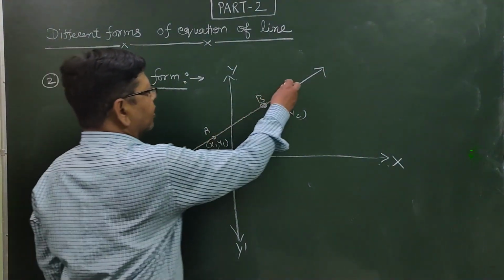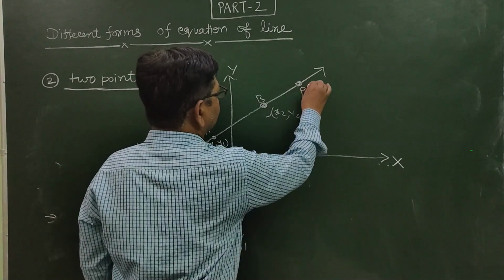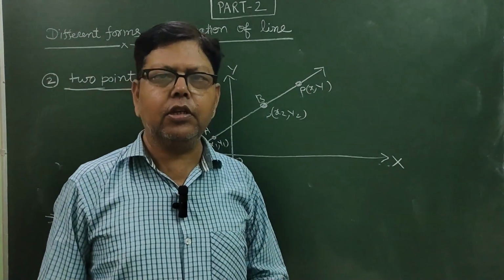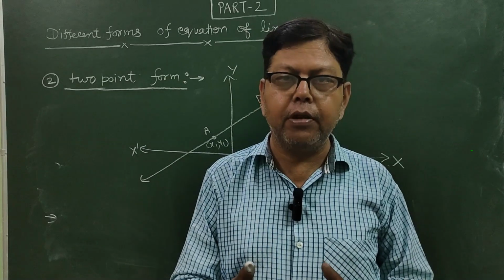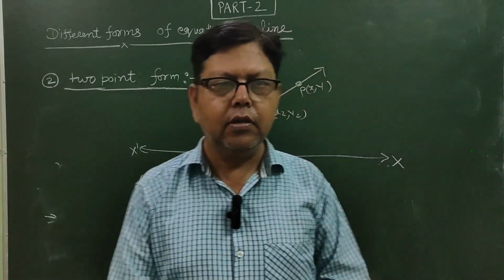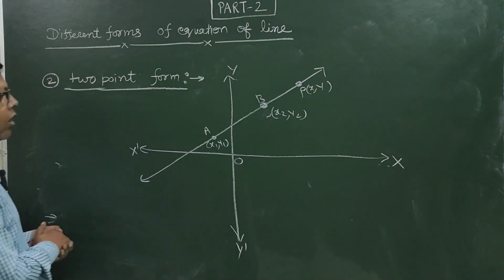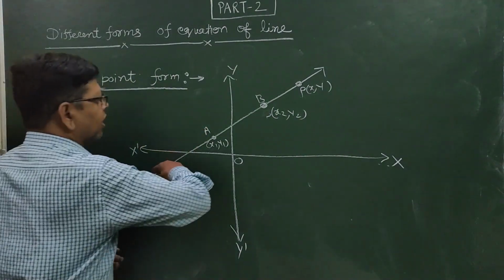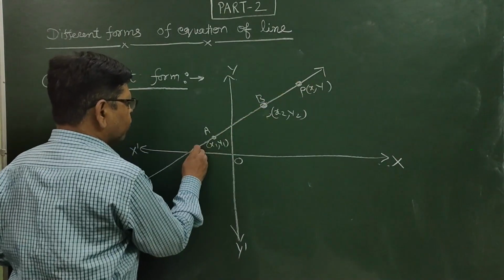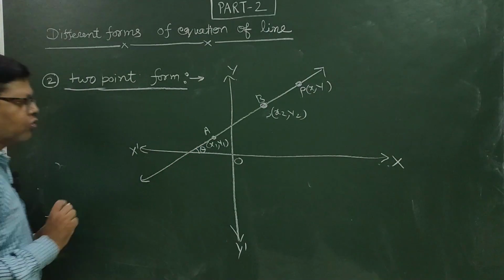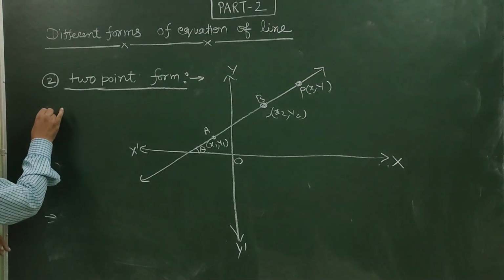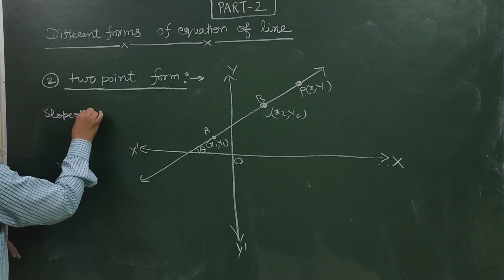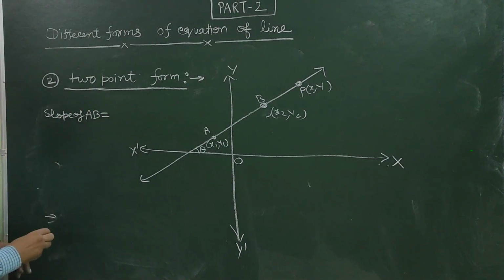Let us consider a variable point P. Again using the same concept which we used in the previous derivations, the slope of line AB is equal to the slope of line AP, because they are on a straight line, so same inclination, same slope.